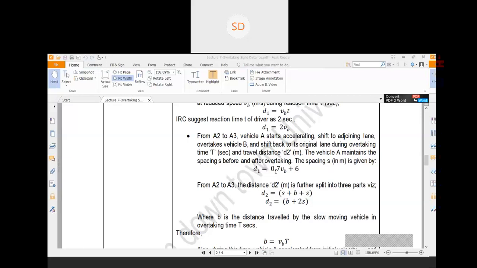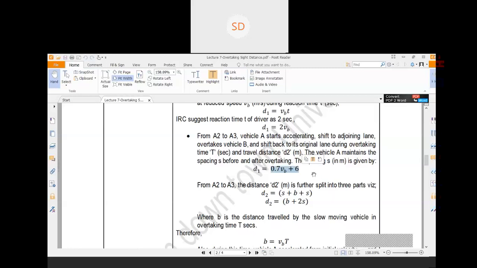So after extensive experiments, the researchers came to know there is a relation between S, the spacing, and the speed of the slow moving vehicle, and that relationship can be drawn through this equation, that is 0.7 Vb plus 6.